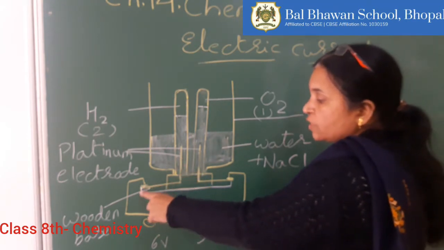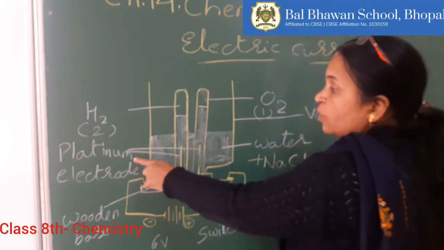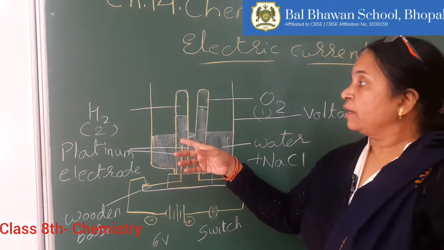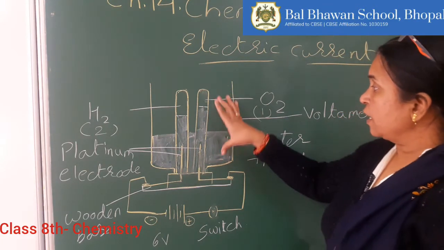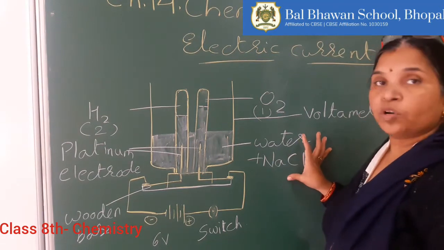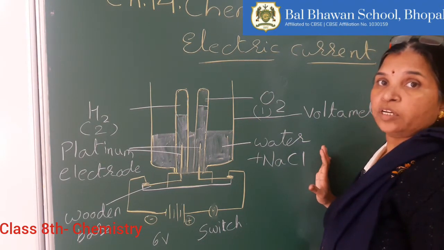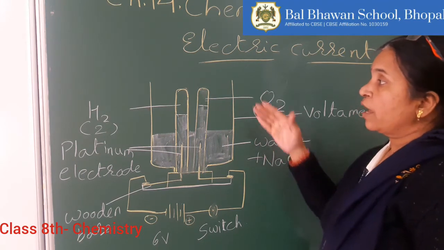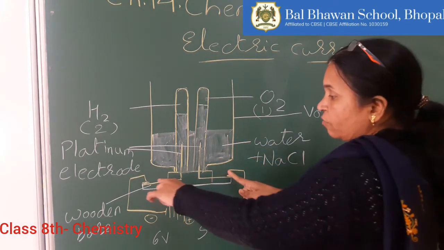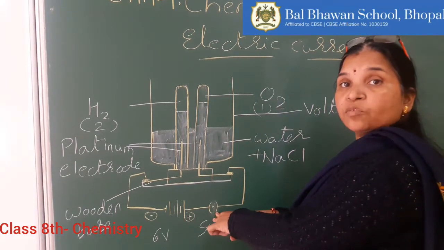Electrodes are the rods which are connected to the battery terminals, and these are made up of platinum. And then in this voltameter I have placed salt water, that is I have dissolved sodium chloride salt in water, and then I have connected this circuit to the battery, and I have placed one switch also.